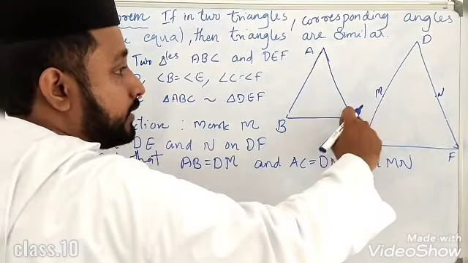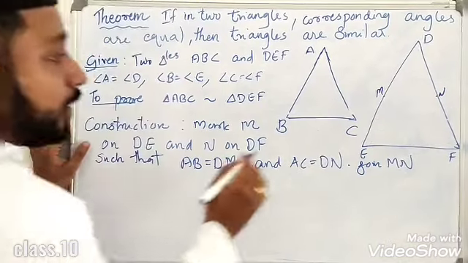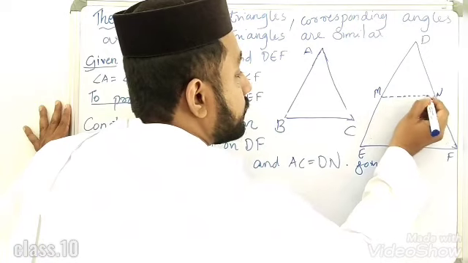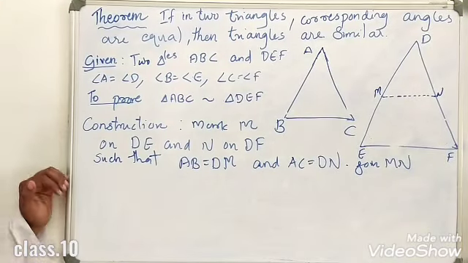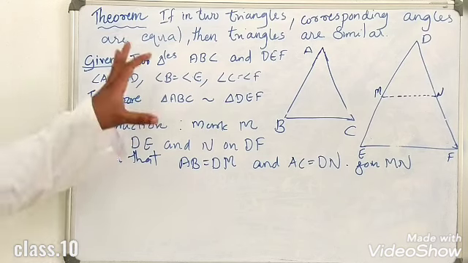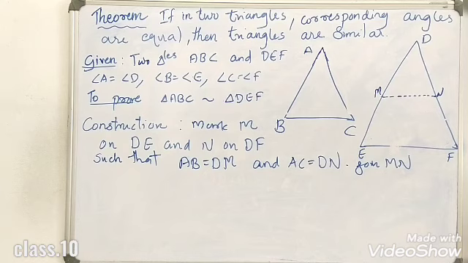The length of the side is equal to this DN. Then join M and N. This is the first construction. So points M and N, AB is equal to DM and AC is equal to DN. So these are the given conditions. This is to prove. This is the construction we have done.